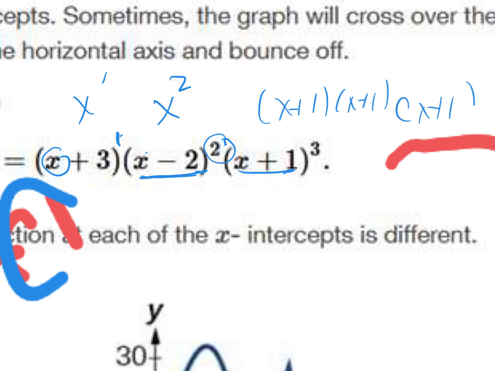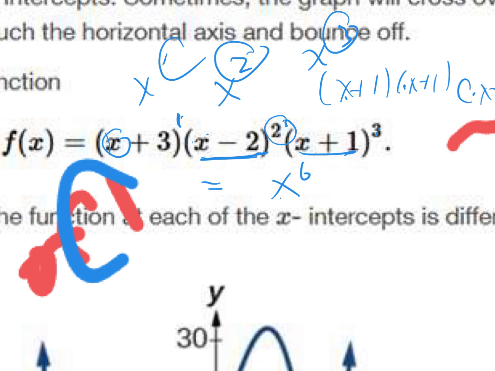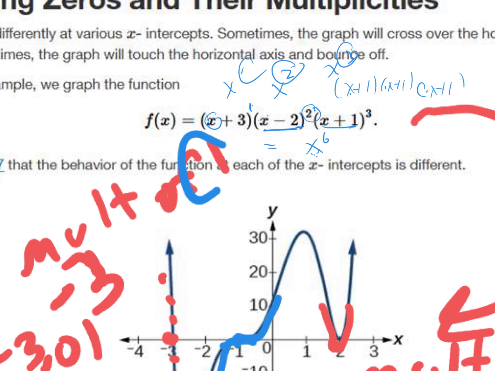Nobody. That would give you x times x times x. That gives you an x cubed. So that gives you 3, 4, 5, 6. This would be an x to the 6 because all the x's have a 1 in front. So it's an x to the 6 is your highest. It makes sense that I have 6 zeros.